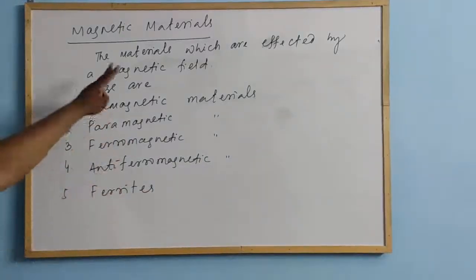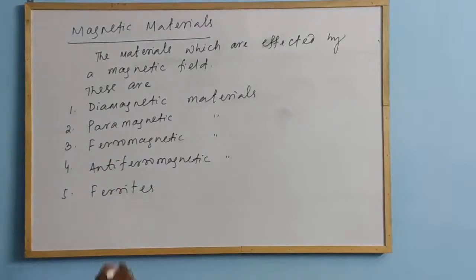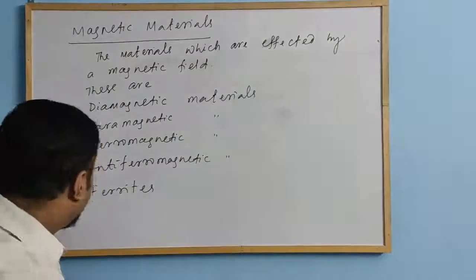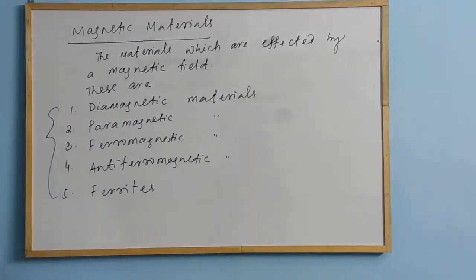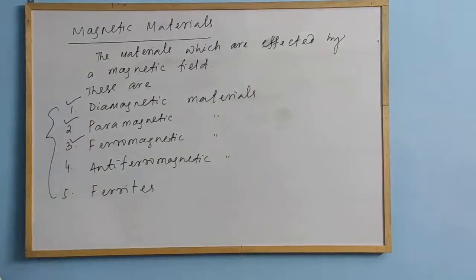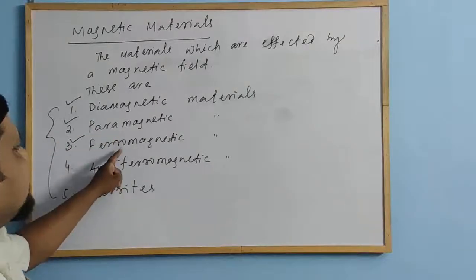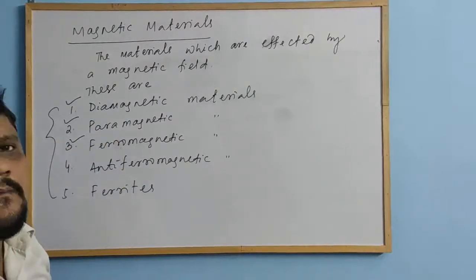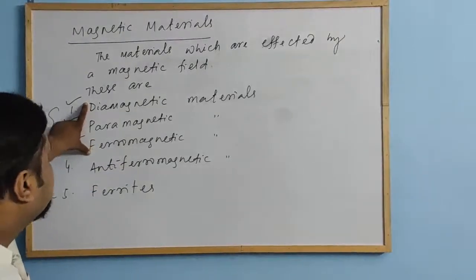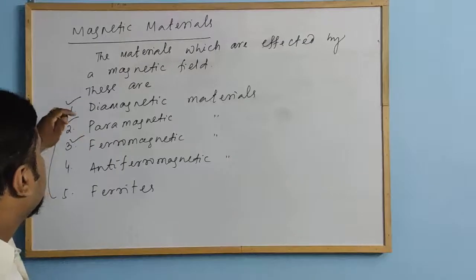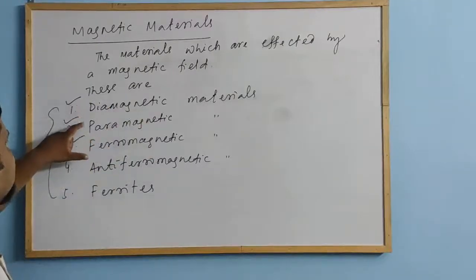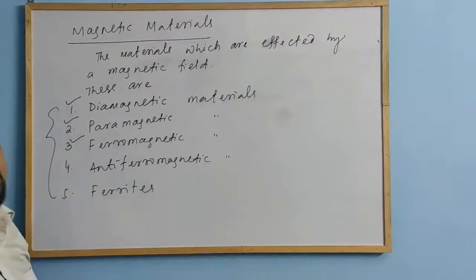The magnetic materials are broadly classified into 5 categories. But in our syllabus, we will only discuss the 3: diamagnetic, paramagnetic, and ferromagnetic materials. These 3 are in our syllabus and in the scope of the book, right? So we will discuss only para and ferromagnetic materials.